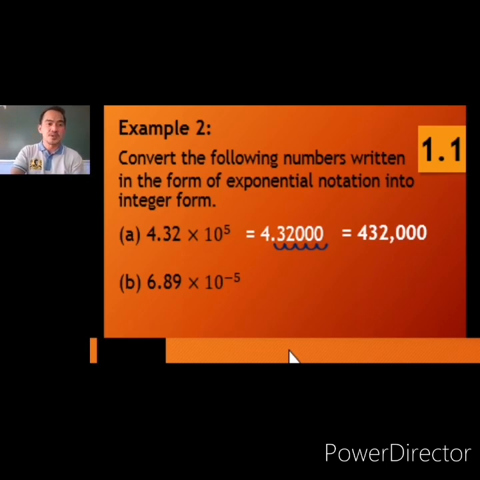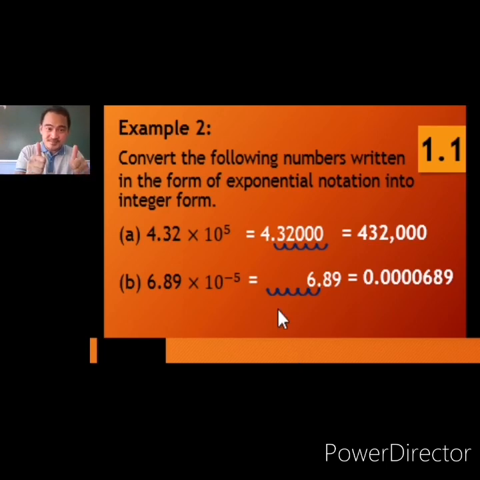Let's start moving our decimal point to the left. 1, 2, 3, 4, 5. Therefore, 6.89 times 10 raised to negative 5 can be written in integer form as 0.0000689.